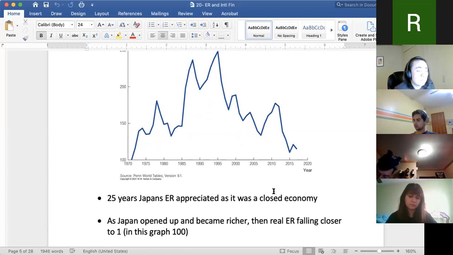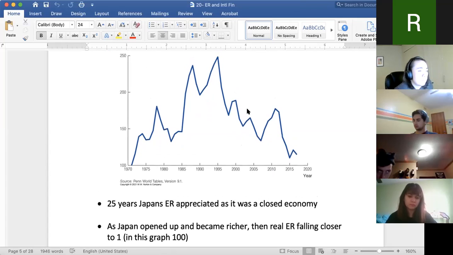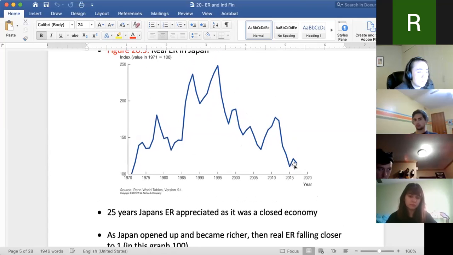You'll notice that as Japan has become richer and has gradually opened up a little bit more, its exchange rate has gotten closer to the purchasing power parity exchange rate. But it's not perfectly open, and as a result, we haven't seen its exchange rate fall exactly to 1, or in this case, 100.